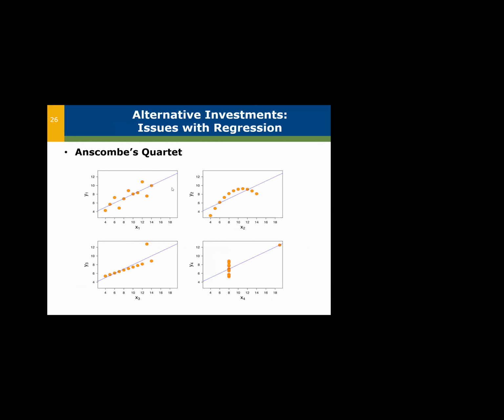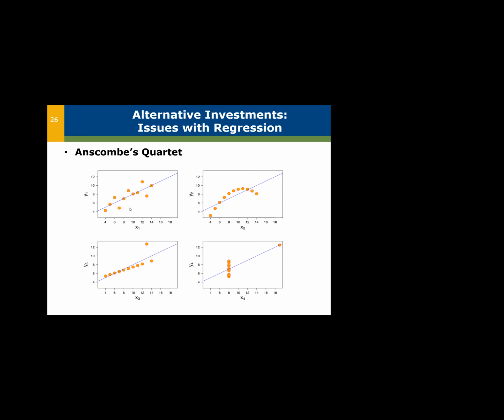And this is the same idea from my feedback on assignment 1, the necessity of visualizing your data. This is a nice little example, because this mathematician, Anscombe, deliberately constructed 4 different data sets.